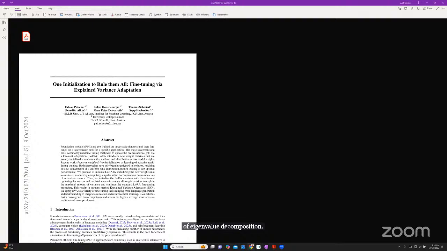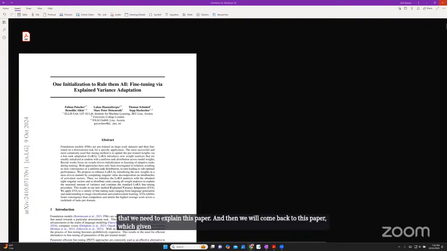Once we understand that, understanding this paper and the work that has happened around this paper should become straightforward. So let me first go over these two prior backgrounds that we need to explain this paper, and then we will come back to this paper, which, given the background, should be pretty easy.